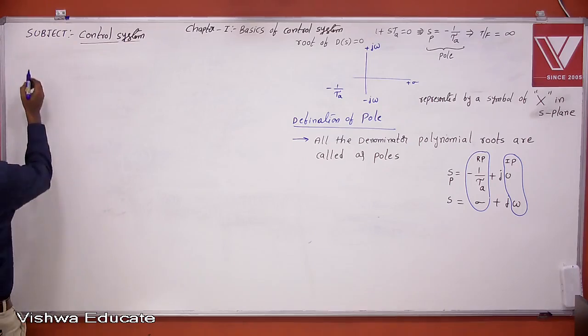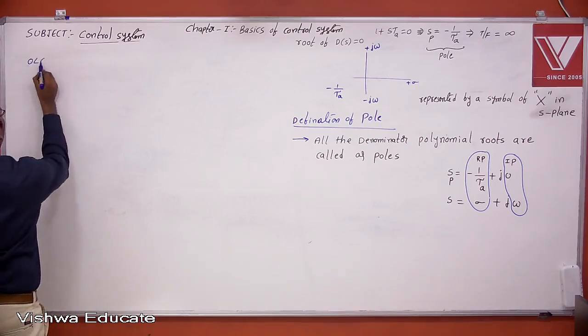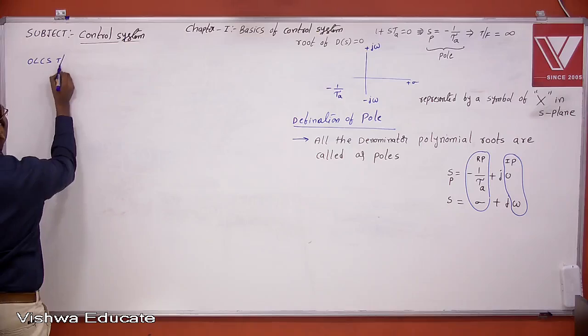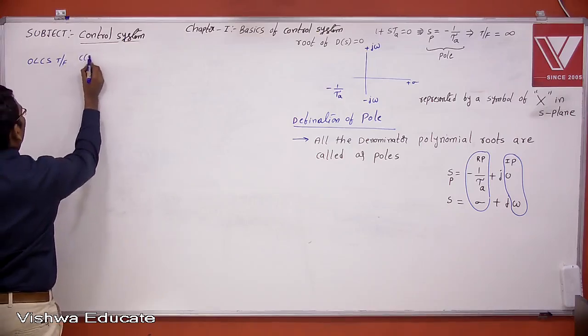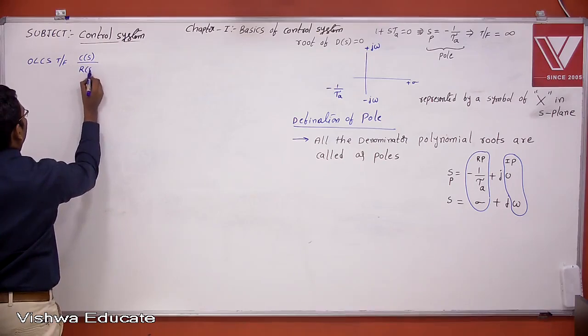I take a few open loop control system transfer functions and locate the poles and zeros on the S plane.